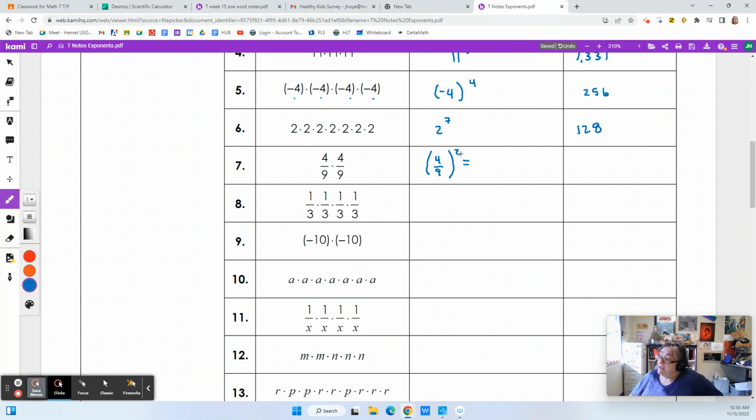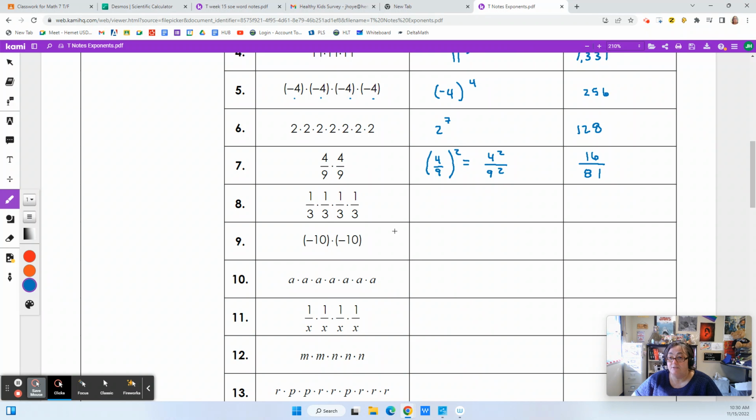So it's like saying 4 squared over 9 squared. So 4 squared is 4 times 4, which is 16. And 9 squared is 9 times 9, which is 81. Right? So when I have a fraction, I have to apply that power, that exponent, to each piece of the fraction, to the numerator and to the denominator separately.